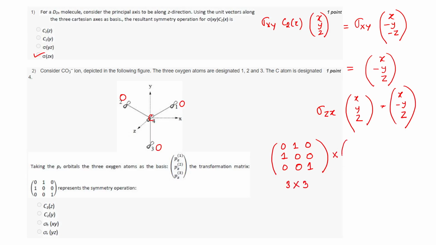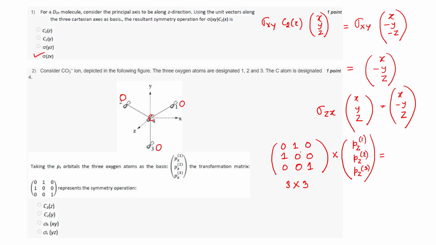Now we will multiply with our basis set Pz1, Pz2, Pz3. So they could have taken any of the orbitals, but for this particular problem, they have taken these three of the oxygen only, not the carbon. So they can form the basis set any way you want.